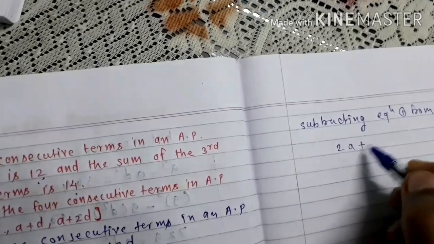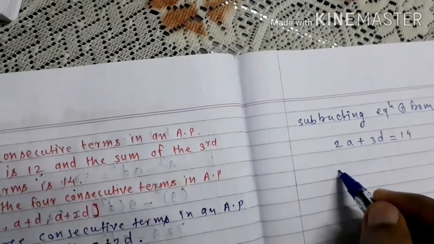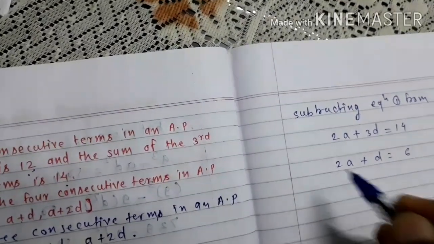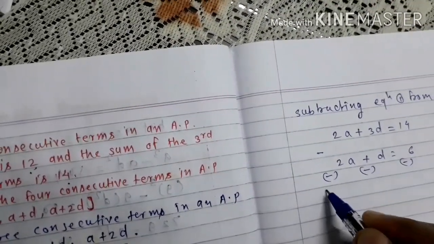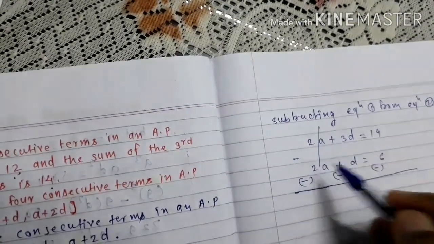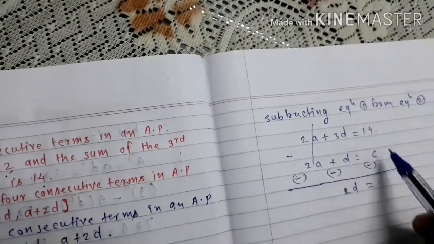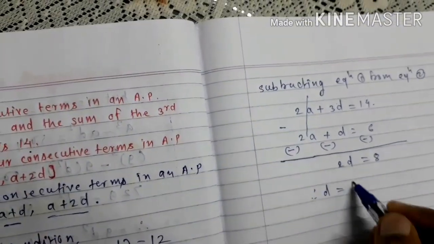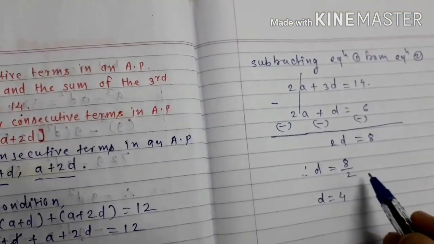So 2a plus 3d is equal to 14, minus 2a plus d is equal to 6. Subtracting, the signs change, plus becomes minus. So 2a minus 2a get cancelled. 3d minus d is 2d. 14 minus 6 is 8. Therefore d is equal to 8 upon 2. d is equal to 4.